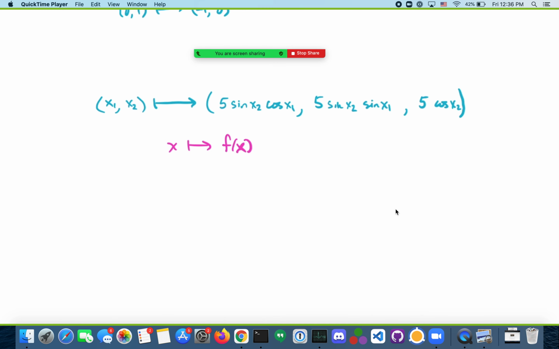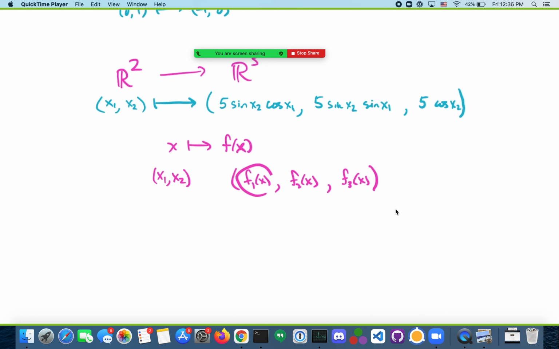Really, x is an element of R2, and over here we have 3 pieces, 3 components, 3 coordinates. So this is an element of R3. So x is secretly (x1, x2), and f of x is secretly (f1 of x, f2 of x, f3 of x).